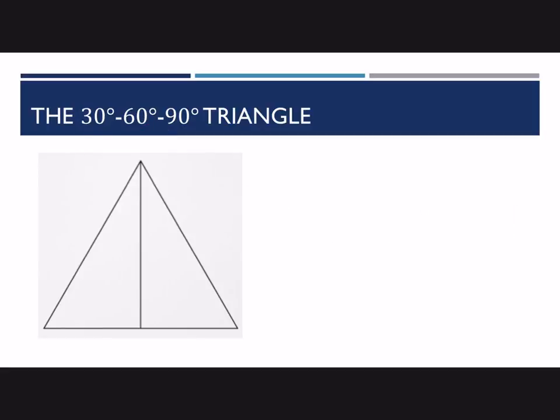The second special right triangle is the 30, 60, 90, and this one shows up whenever you divide an equilateral triangle, starting from one vertex. So let's say that this larger one is equilateral, so all of the angles would be 60 degrees. Then let's say you drop the altitude down to make a right angle.